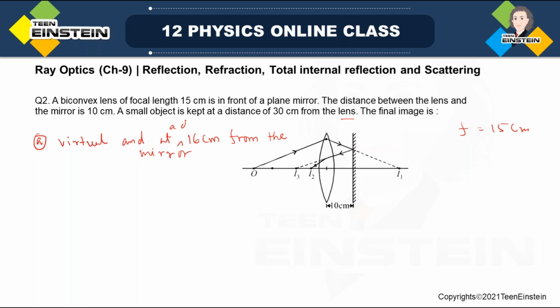Second option is that the image will be a real image, and it will form at a distance of 20 centimeter from the mirror.